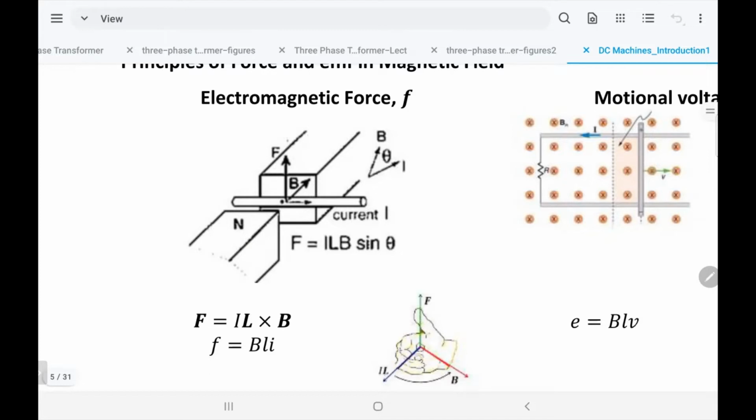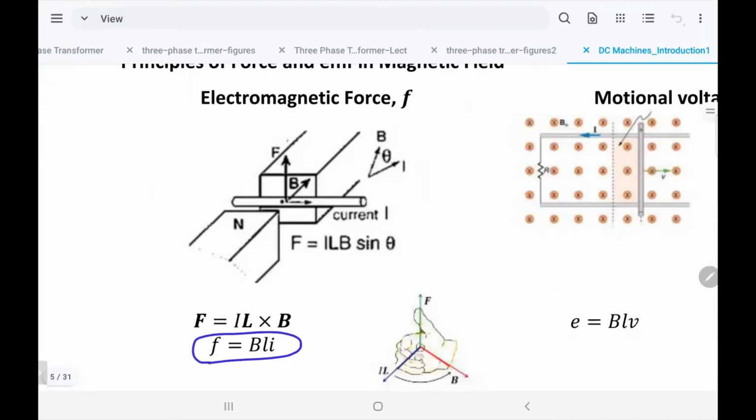So there is interaction between the electric current and the magnetic field. It will cause the conductor to move. And that's the formula used for calculating the force. It depends on the flux density B, L, the length of the conductor, and I, the amount of current in amps in this conductor. So that's the magnitude.